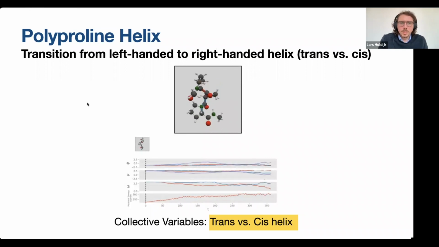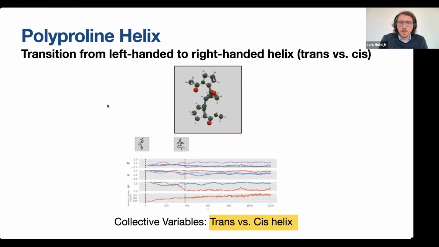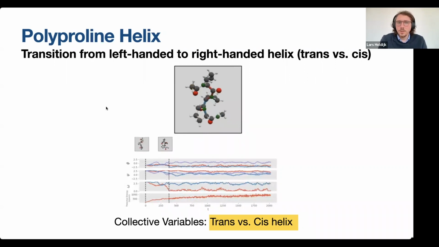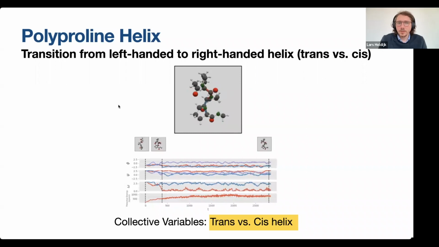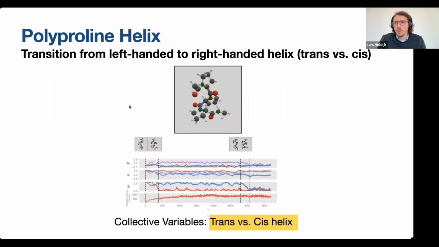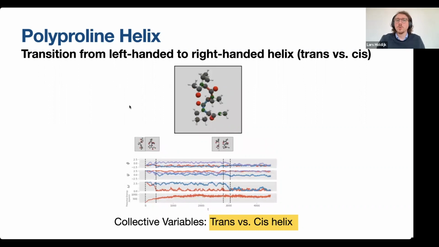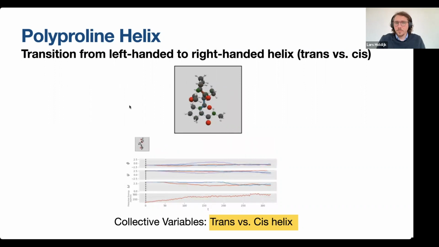So what we see is that now there's a lot more noise in the system, but we also see that the first collective variable changes here into the right state, and then the simulation goes on, and then the second transition happens. This is a lot noisier of a simulation, but we can still see that the right transition has been made.